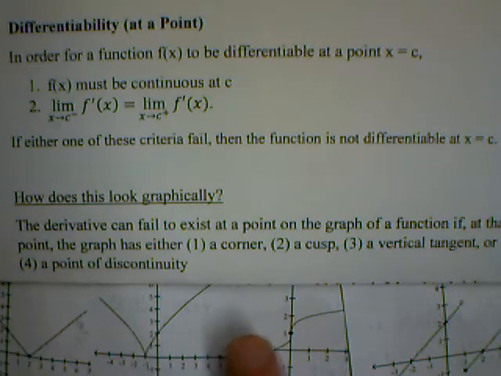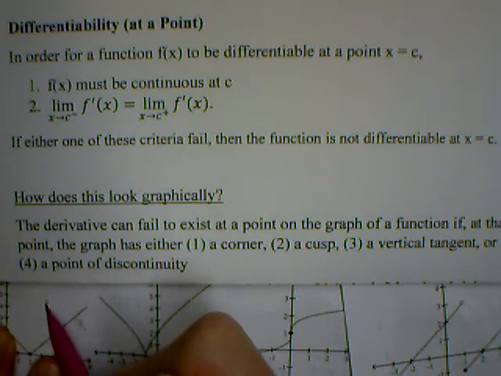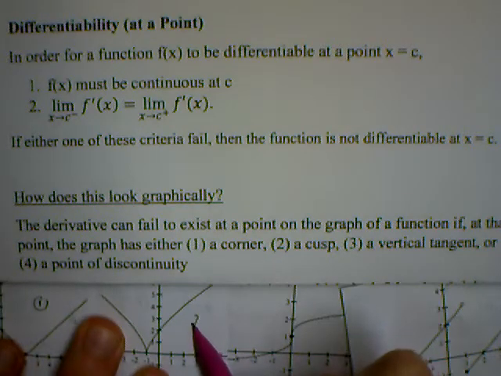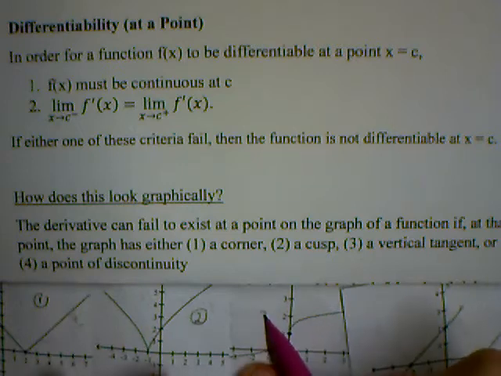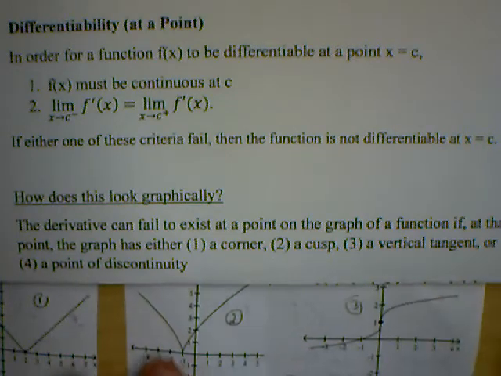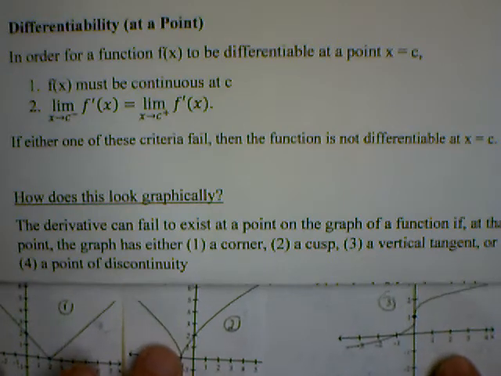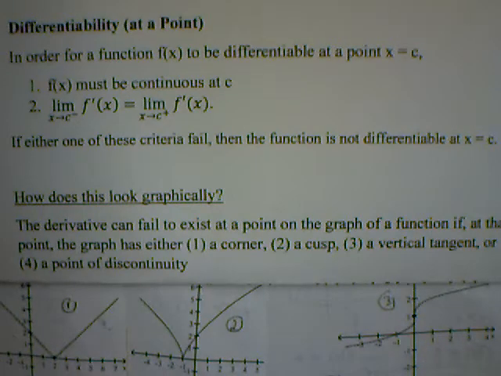So for graphs 1, 2, and 3, each of these functions is continuous. Why? Because there are no holes or asymptotes. But on graph 1, we have a corner at 2. On graph 2, we have a cusp at -1. On graph 3, we have a vertical tangent at x equals 0.